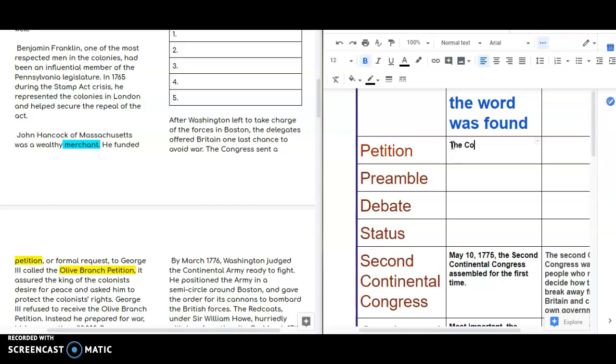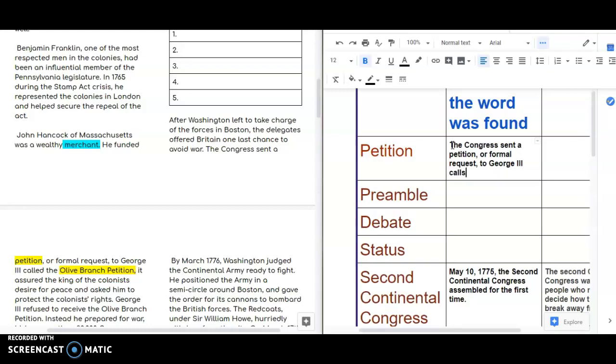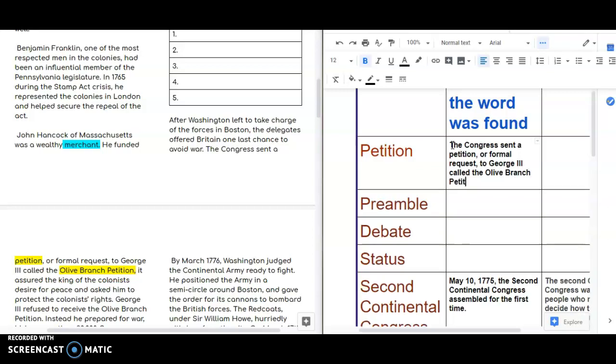The Congress sent a petition, or formal request, to George III called the Olive Branch Petition.